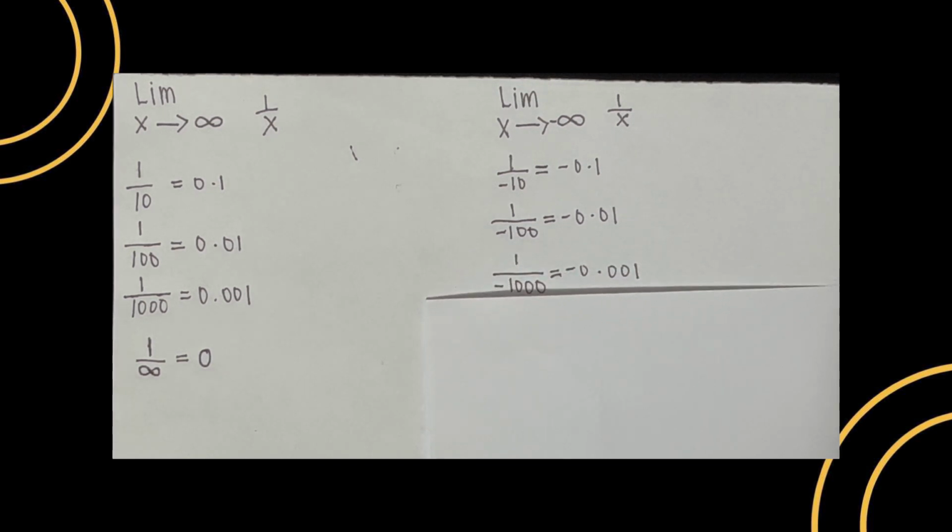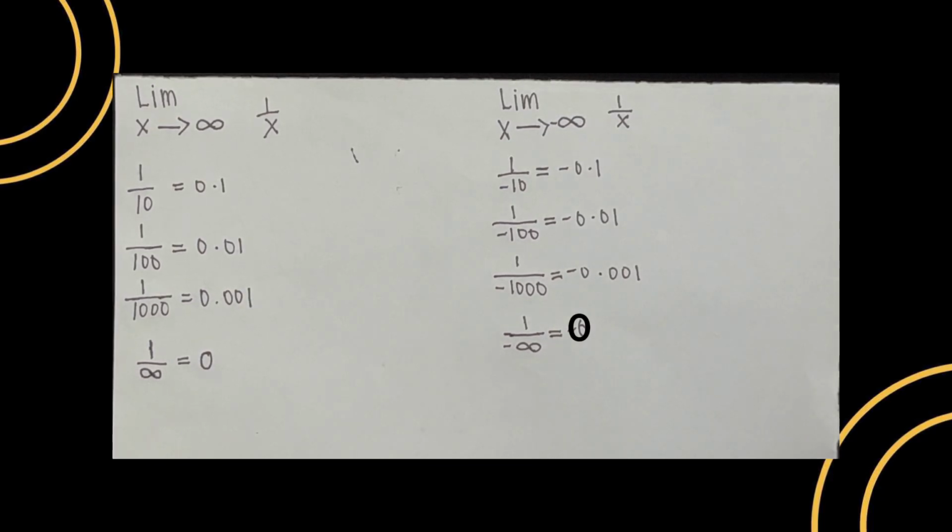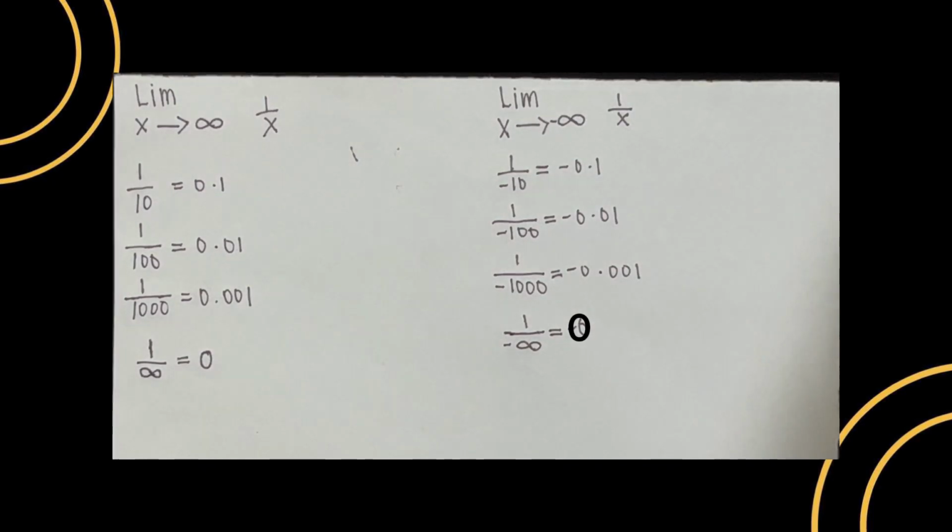If you divide 1 by negative 1000, you will get negative 0.001. It's still approaching 0 just from the left side. So this is 0 from the right side. This is 0 from the left side, which you could say is equal to 0.